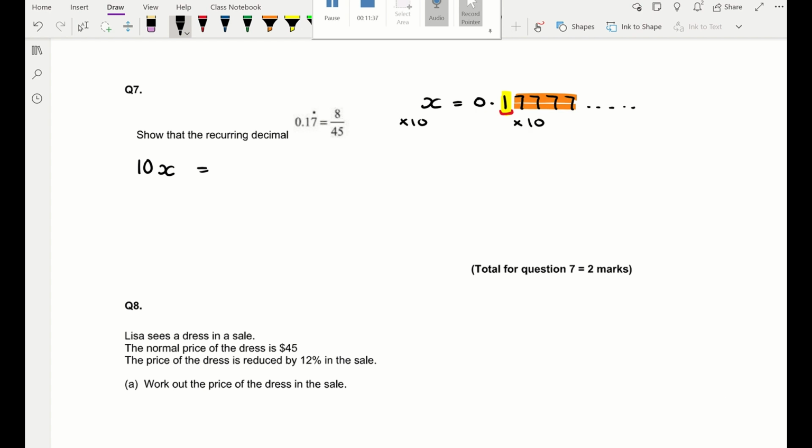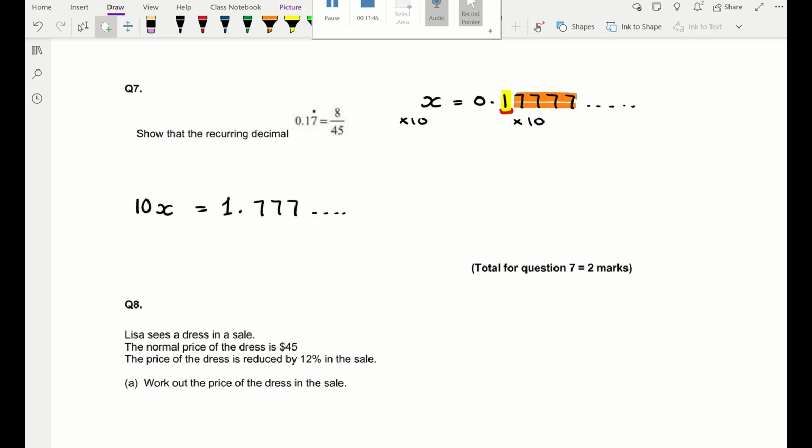So I get 10x, and I get 1.777 forever. And then I look at the non-repeating digit and the repeating pattern, and the repeating pattern is also only one digit, but together, let's put that here, together there's 2 digits.